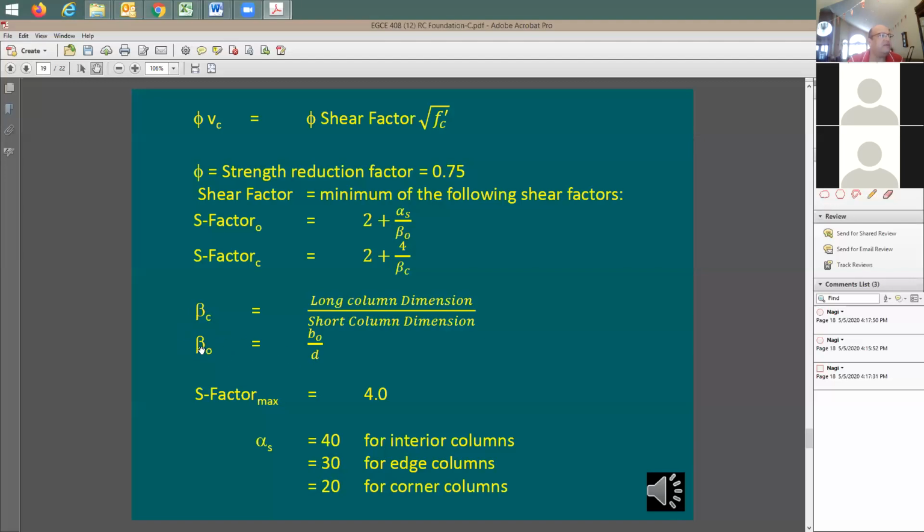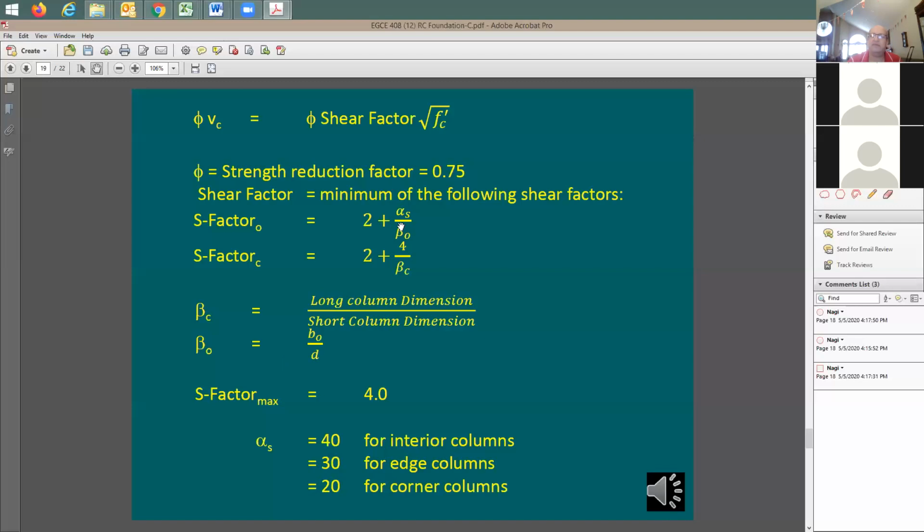Now let's see the effect of this factor, beta sub 0. It is going to be equal to 2 plus alpha sub s divided by beta sub 0. You'd like this shear factor to be large, because it goes into this equation, which means you'd like to have a smaller value for beta sub 0.